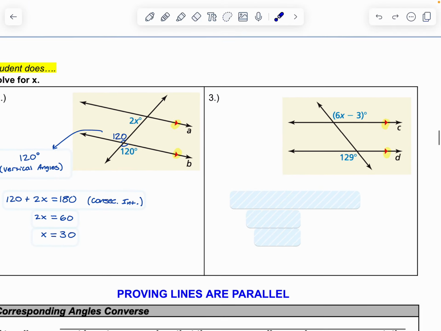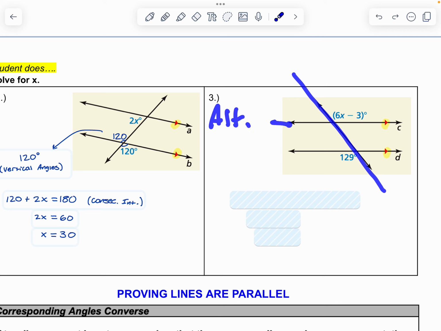For the next one, was there an angle relationship? Yes, there is. They're on opposite sides of the transversal, which tells us alternate. They're both outside the parallel lines, which tells us exterior.